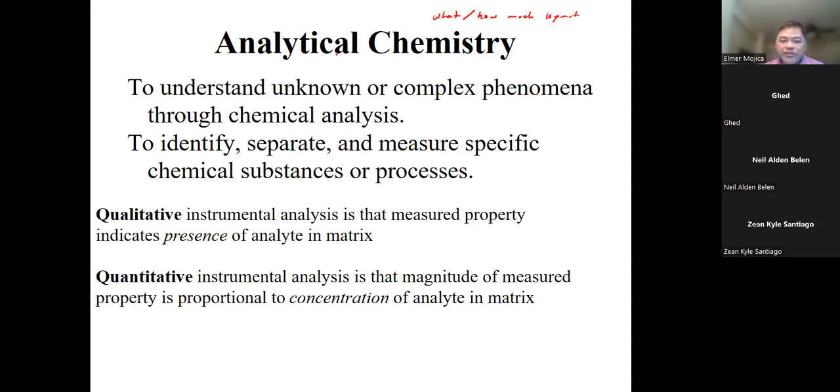So when you do analytical chemistry, you identify, separate, and measure specific chemical substances or processes. So it's either a qualitative analysis or a quantitative analysis. The qualitative answers the question what, and the quantitative answers the question how much.